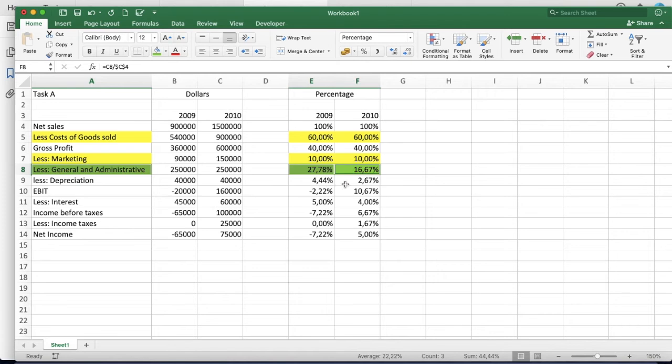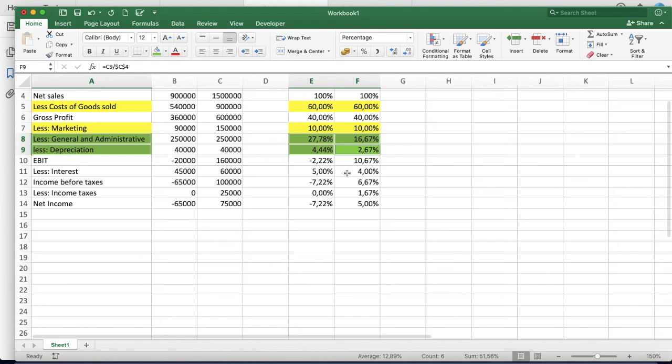Same thing for depreciation, see? In terms of percentage, depreciation is varying, which means that depreciation has to be considered as fixed cost. Interest, see, the percentages of the interest are varying.